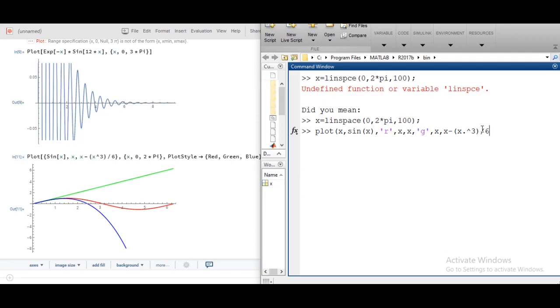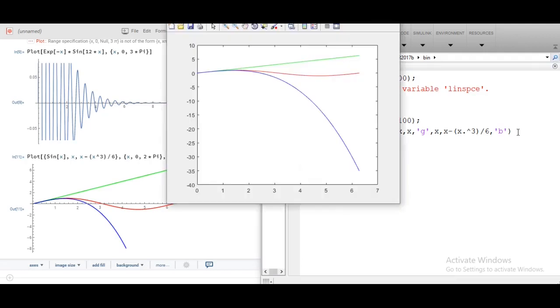Divided by 6, and suppose we want this one in blue color, so B. Blue color. So we have done x cube, and this is the graph we are having here.